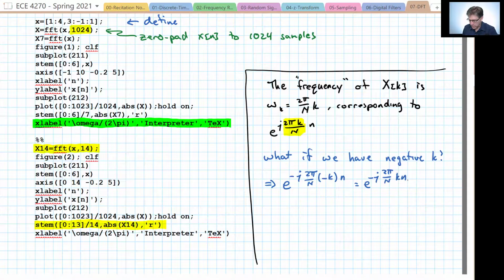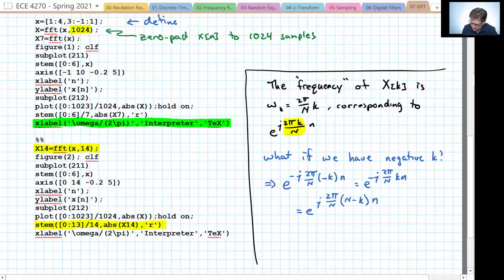Well, we can always add 2 pi to anything. So let's do that in the exponent here. And we get 2 pi over N, and we'll get rid of that negative out front. We'll put it back in there, say N minus k times n. So we've just added 2 pi over N times N, which is 2 pi.